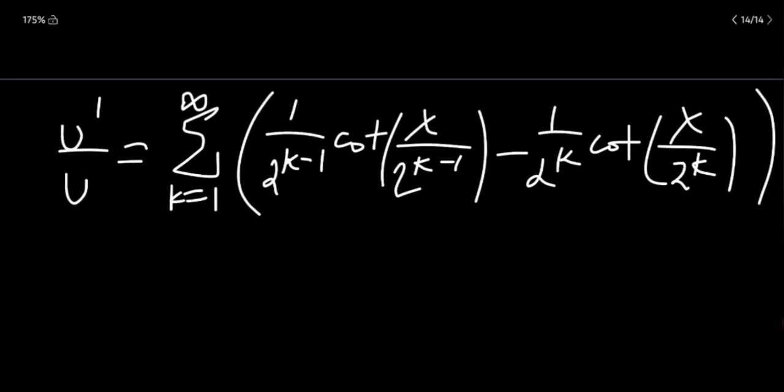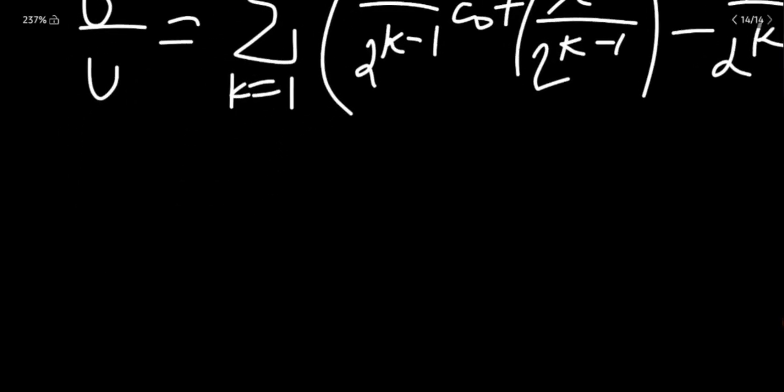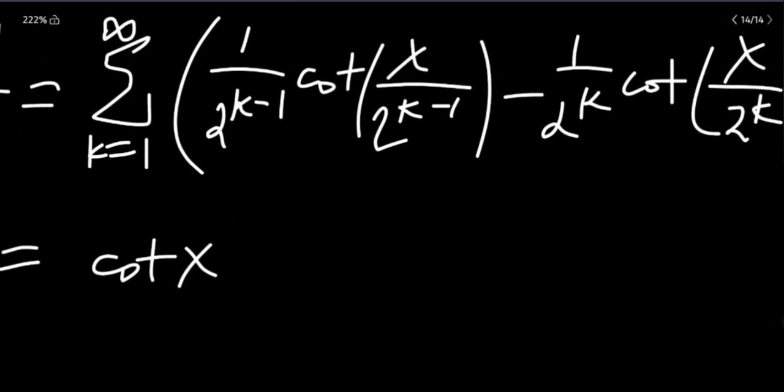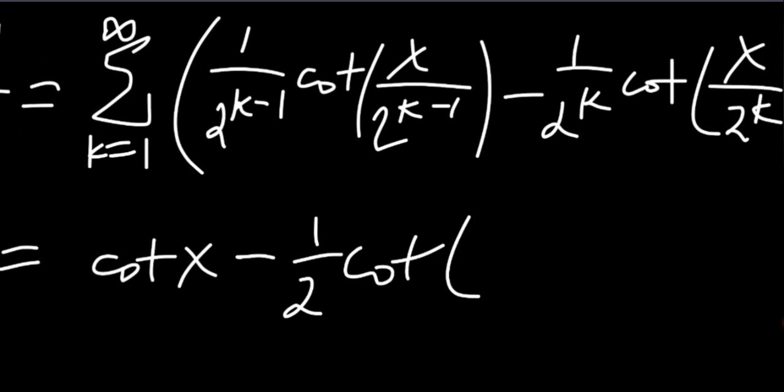And then we notice that this is a telescoping sum. Let us list the first few terms so that we can see that happening. When k equals 1, we should get cotangent x minus 1 half cotangent x over 2.